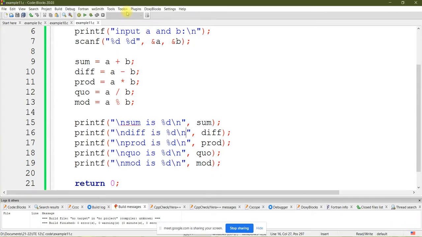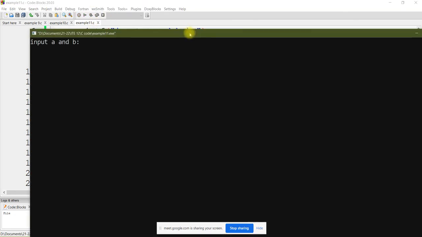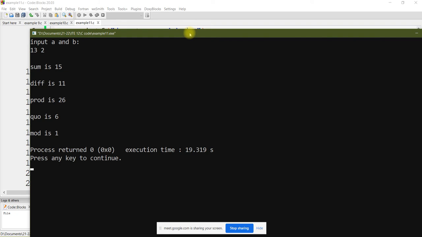Now, let us try if our two inputs are not divisible. So let's try 13 and 2. Okay, 13 and 2. It is not divisible. So of course, the sum is 15 and the difference is 11.